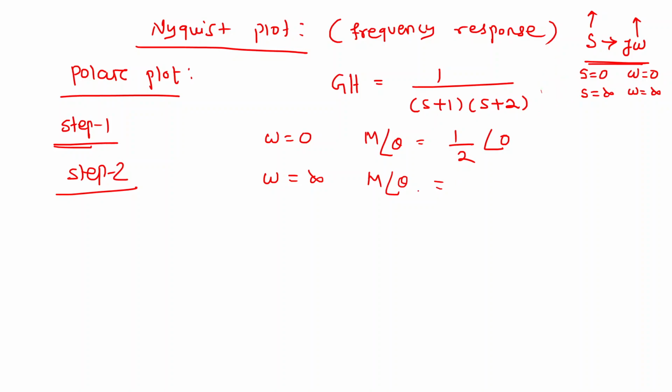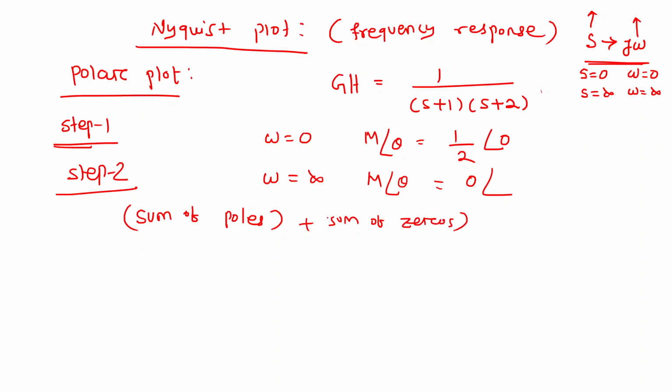So at omega equal to infinity the magnitude will be 0, and the angle is given by the sum of poles plus the sum of zeros.